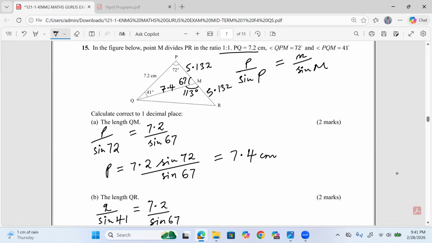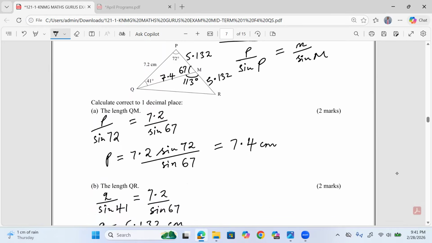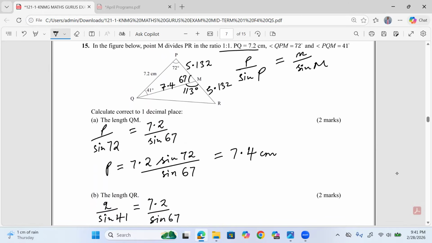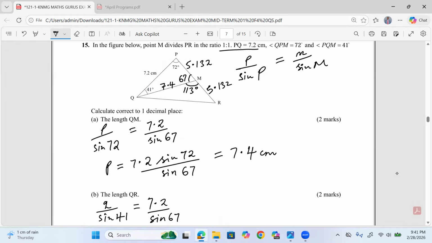So using the original triangle, let us apply the cosine rule. For the bigger triangle, allow me to start by stating it.